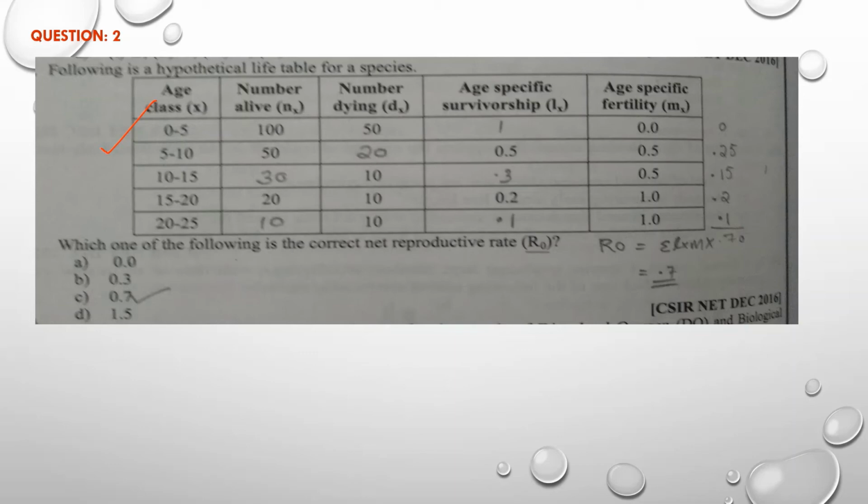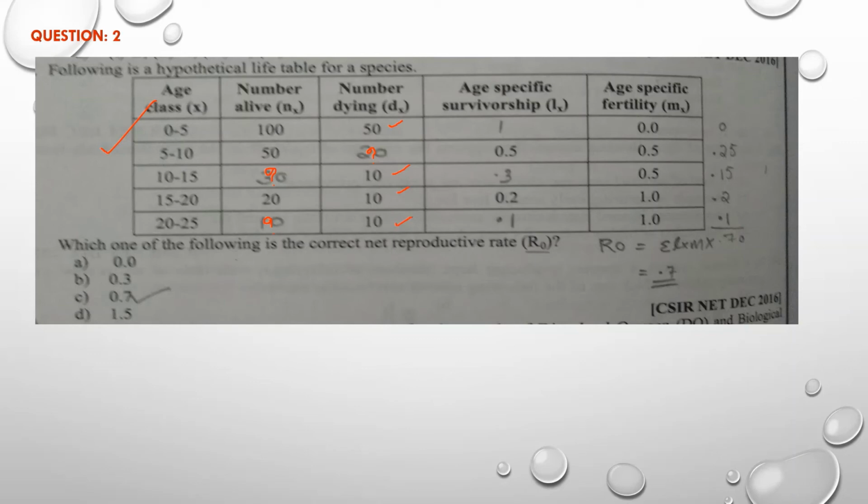Next, Nx: 0 to 5, 100; 5 to 10, 50; 10 to 15, missing, we have to find; 15 to 20, 20; 20 to 25, missing, we have to find. Dx: 0 to 5, 50; 5 to 10 missing, we have to find; 10 to 15, 10; 15 to 20, 10; 20 to 25, 10.